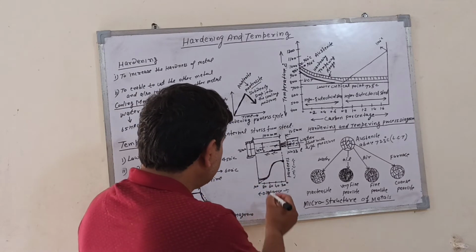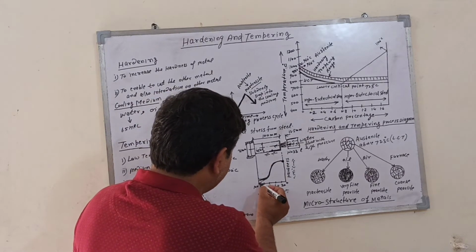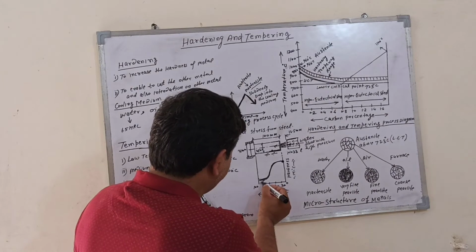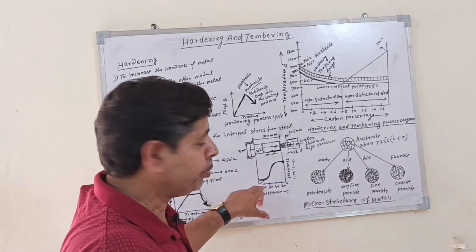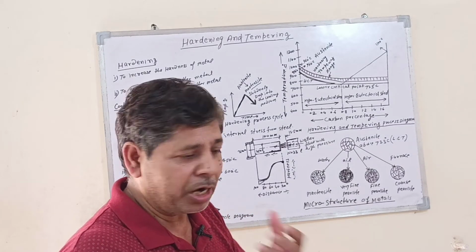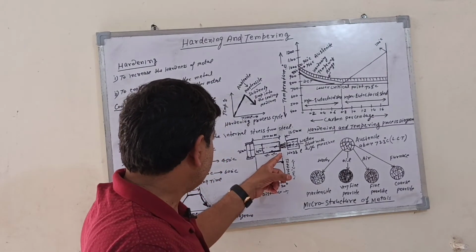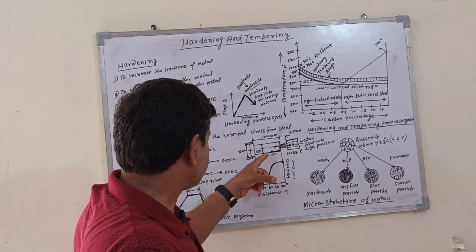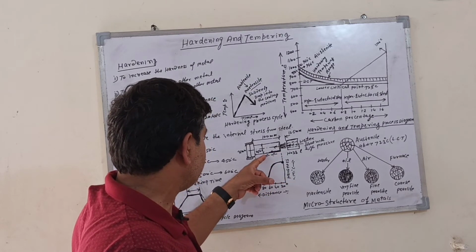The curve does not meet at this point. Why? Most metals have some hardness of their own, and also the heat is transferred at a coefficient.